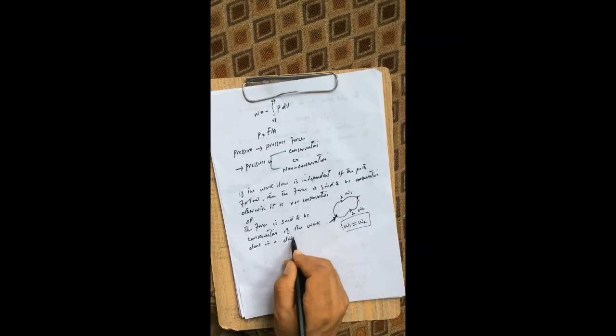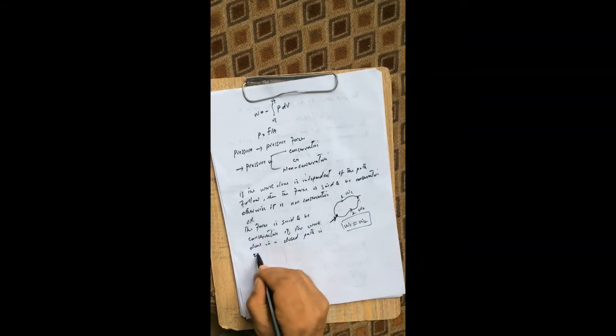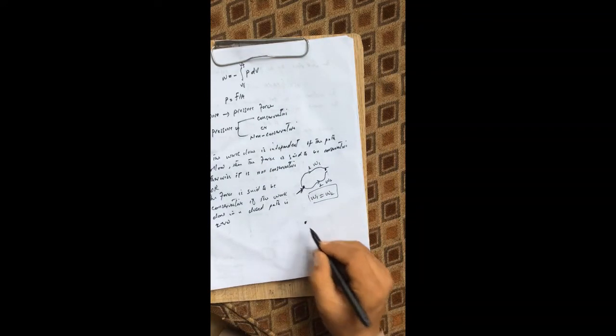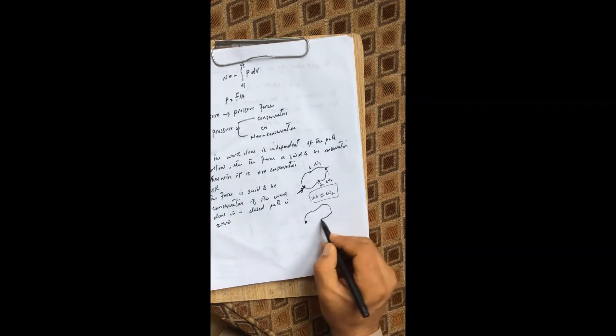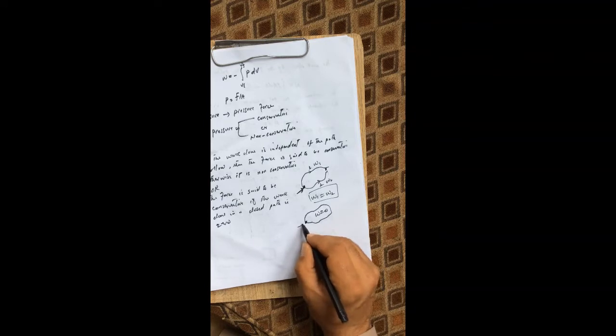What does it mean? It means that if you are applying a force on this particle and bringing it back to its original position, such that the work done along this closed path is 0, then the force applied here is said to be conservative.